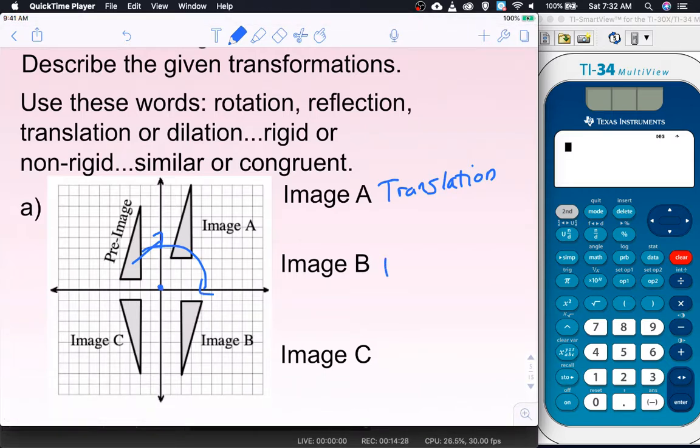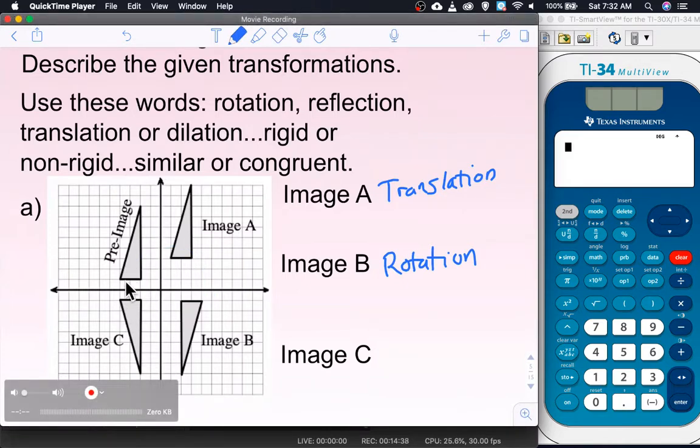So this would be a rotation. And then the last one, letter C. What's going on here? What type of transformation is this? Well, it looks like it's been flipped over this line. Like this is a mirror image of each other. That is a reflection.